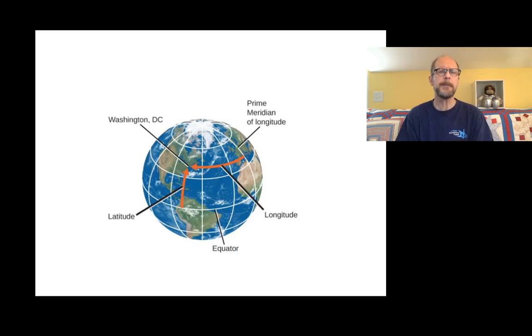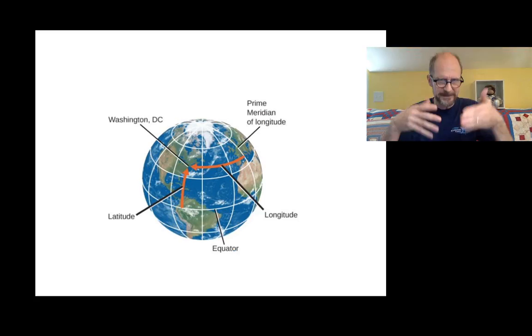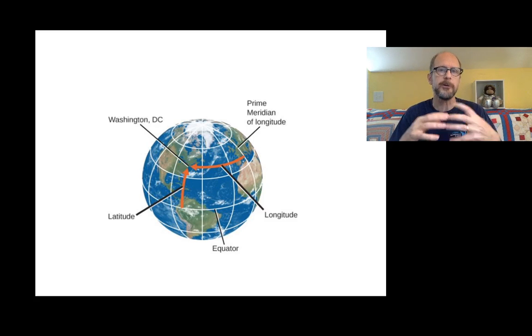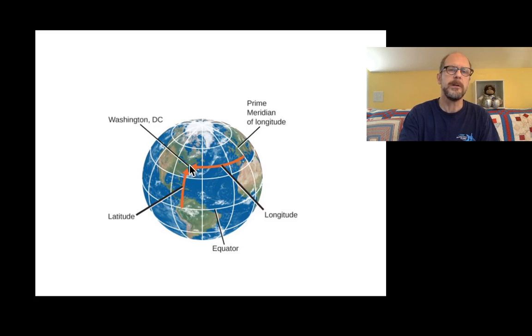Here's another example, a less complicated diagram that doesn't have the cutaway. This is how you're usually going to see these diagrams, where you've got the Earth, and longitude being the angle, in this case west, going to Washington, D.C., and latitude being the angle north from the equator. You can tell this is the equator of the Earth.